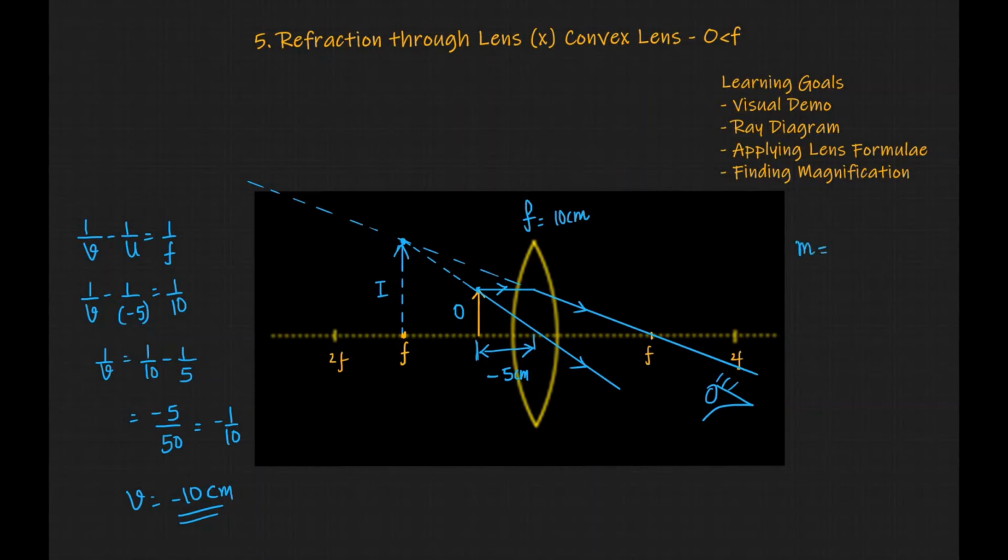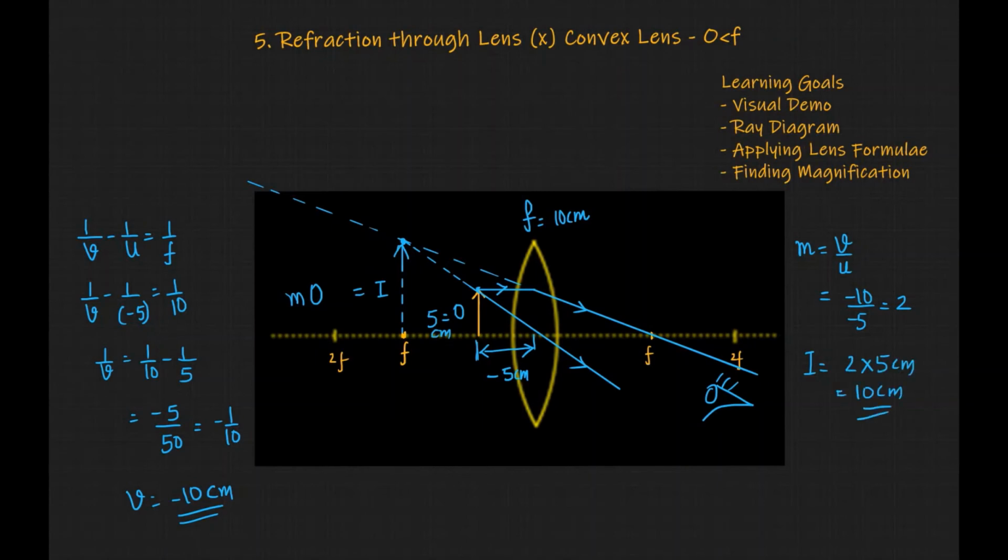The magnification is given by v/u, that is -10 divided by -5, that is 2. So if your object size is 5 centimeters, the image size is m times object size, so image size would be 2 into 5 centimeters, that's equal to 10 centimeters.